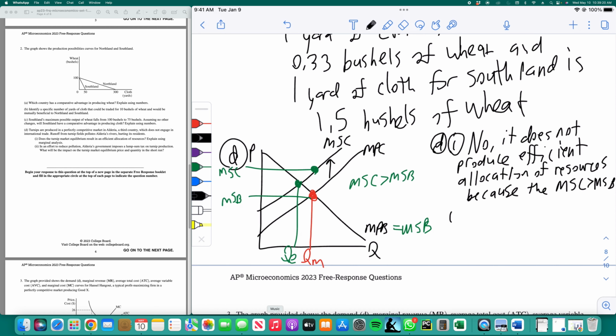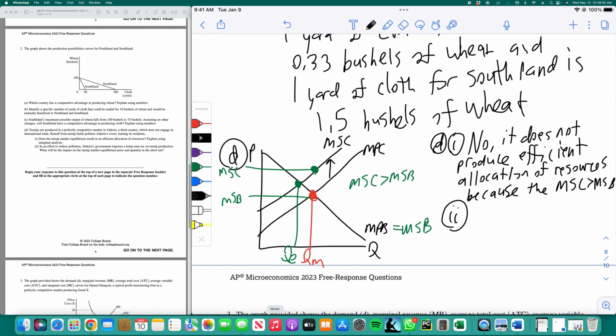For part D double I, in an effort to reduce pollution, the government imposes a lump sum tax. What will be the impact on the market equilibrium, price, and quantity? As we know, if it is a lump sum tax, lump sum meaning it is a one-time payment of tax. Basically, the government saying, hey, you owe me $100. I don't care what quantity you produce, you owe me $100. So, does this change the marginal cost?